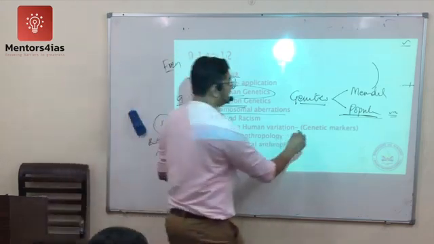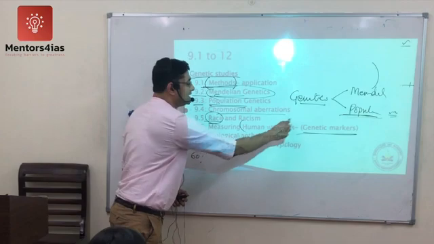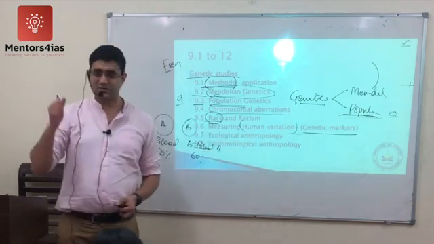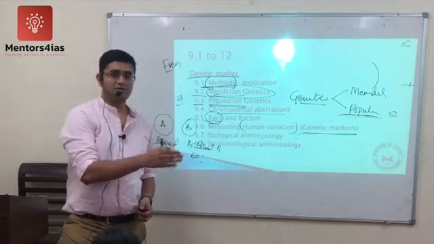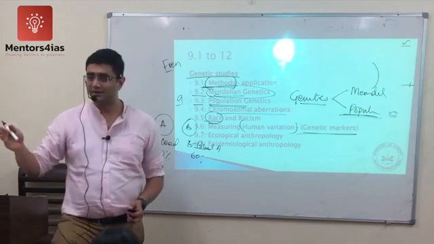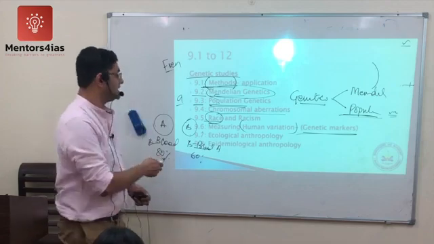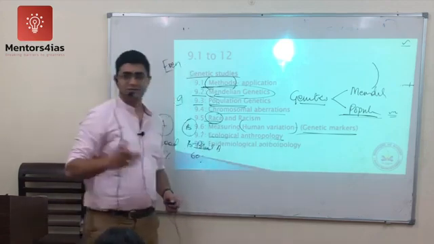Then we also have something called genetic markers. These markers are used to measure human variation, like blood pressure. If you talk about children and old age and in between, blood pressure varies. Why it varies, etc., we will study over here. Next, ecological anthropology is what?